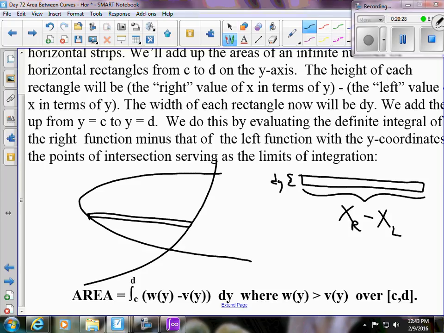So if you have two graphs that intersect, and you want to find the area enclosed, you can use horizontal strips. It's just that you're not going to use y top minus y bottom.